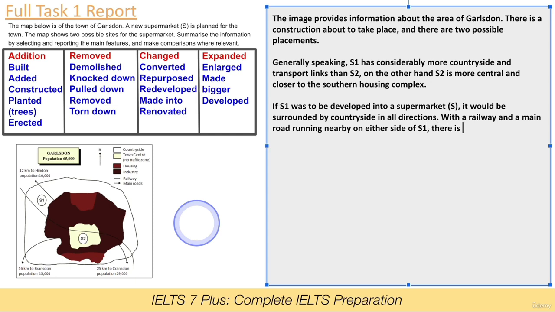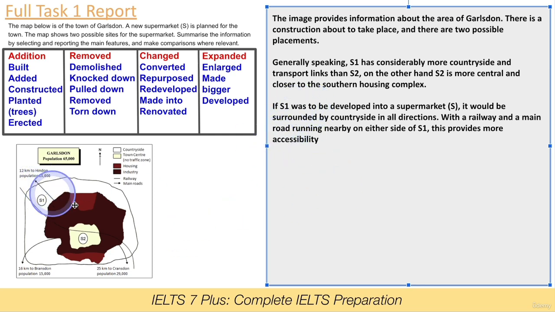There is more accessibility, perhaps. Maybe not accessibility, maybe we'll take that away. Let's have a think. So with a railway and a main road running nearby on either side of S1, this provides, we could say, more vehicle accessibility.